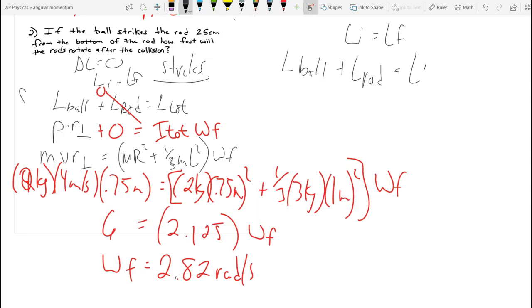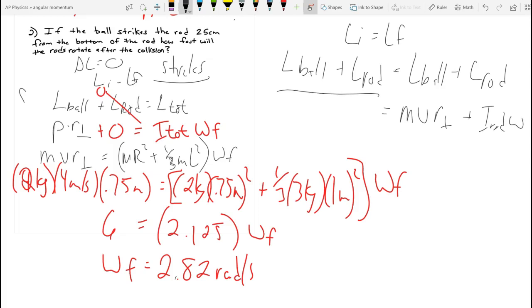Now we have L of the ball afterwards plus L of the rod afterwards. So this side is the same. Nothing will change. I'll have the exact same numbers, but this side's going to be a little different. L of the ball is now going to be mv times r perpendicular plus I of the rod times omega.